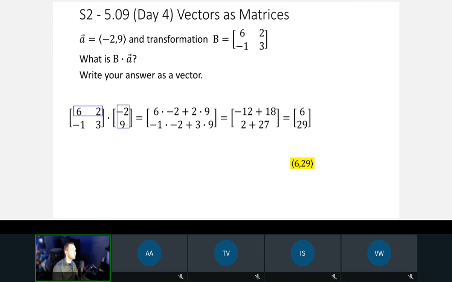And then the bottom row, we're doing this. So it's the same idea. You're doing -1 times -2, that goes here, plus 3 times 9. So when you move, you're moving to the right on this one and moving down on this one. Does that make sense?